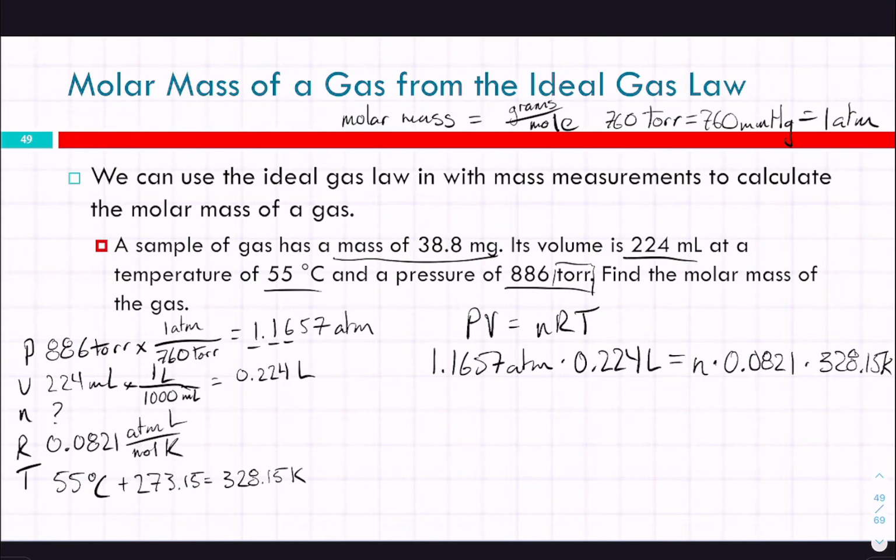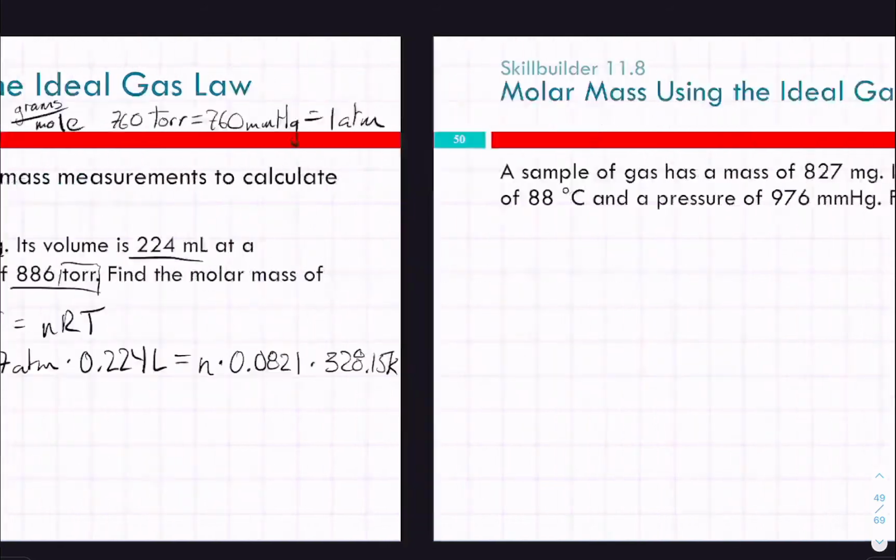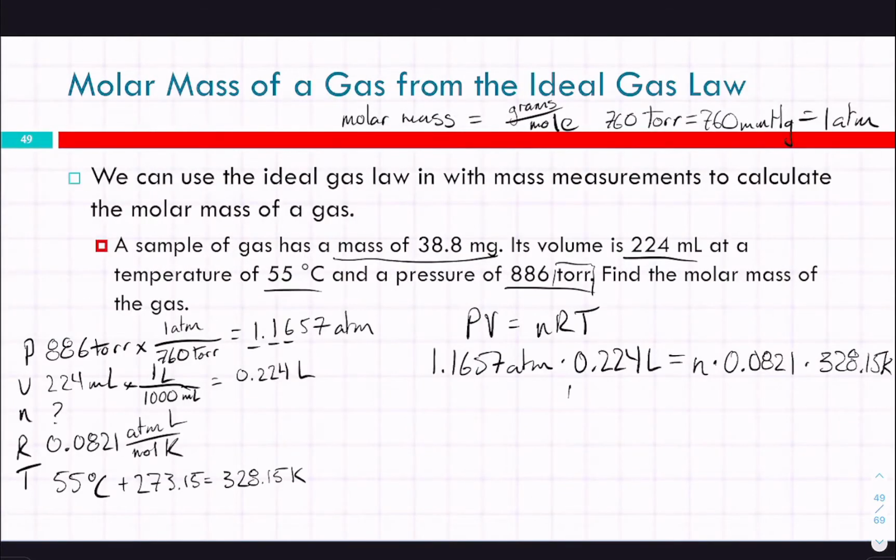That doesn't feel right. I got 103. How many sig figs? We got 3 sig figs. 103 moles. That definitely feels wrong.